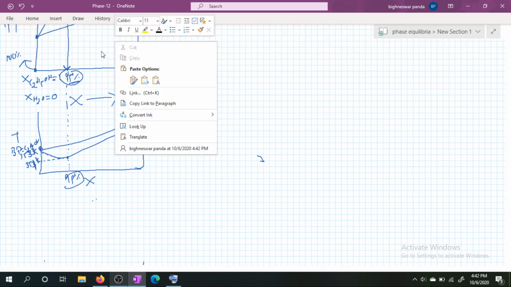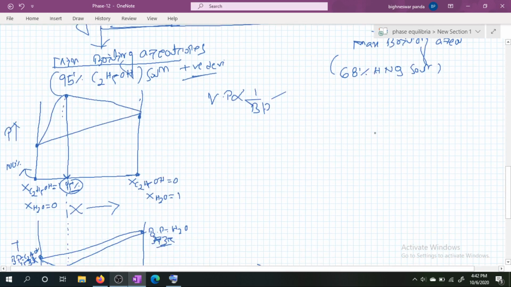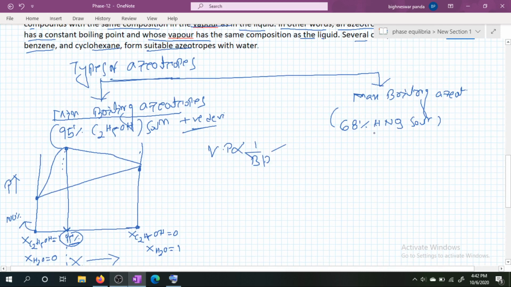So similarly, for maximum boiling azeotrope, consider 68% HNO3 solution, and this solution shows negative deviation.